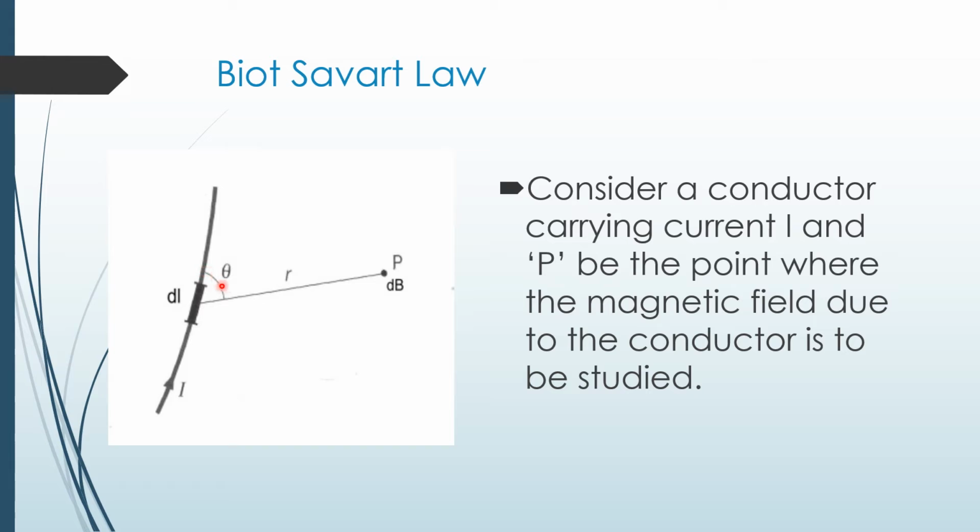which is making an angle theta, or this is the angle between dl and r. Okay, this is the dl and this is r. So the angle between dl and r is theta.